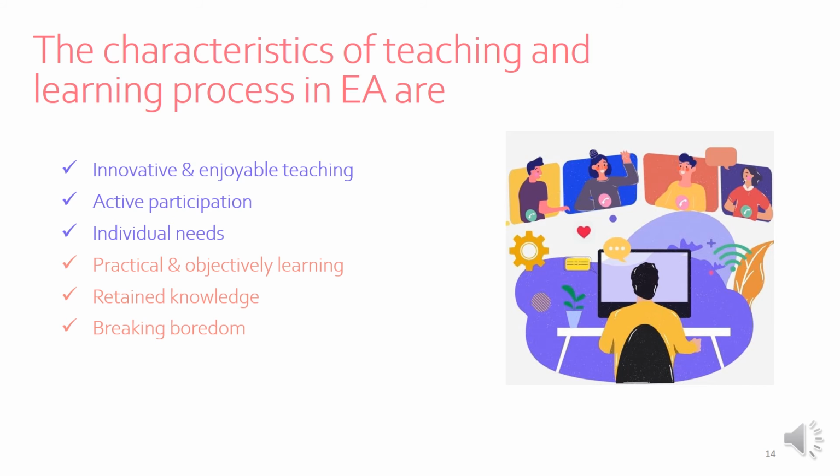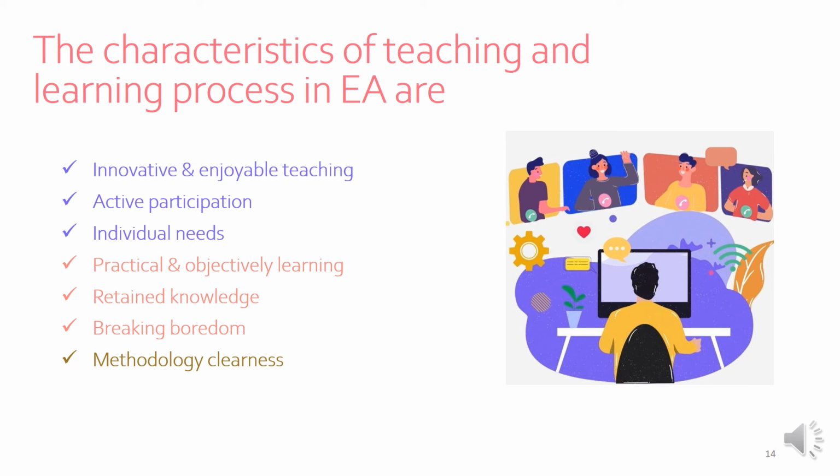Breaking boredom. It means, as we mentioned in the first characteristic, I have to make my students enjoy, not be bored. Methodology clearness. Actually, this item relates to the teacher himself or herself, because it identifies the method that he used in each aspect.